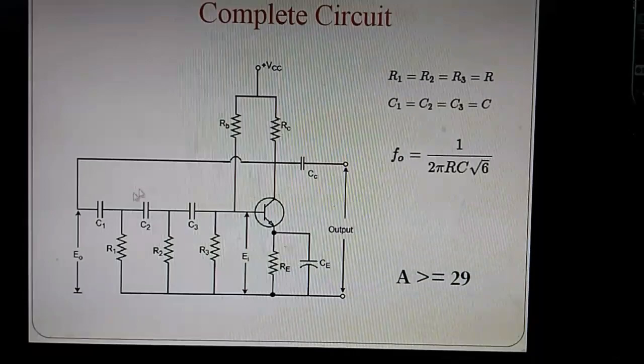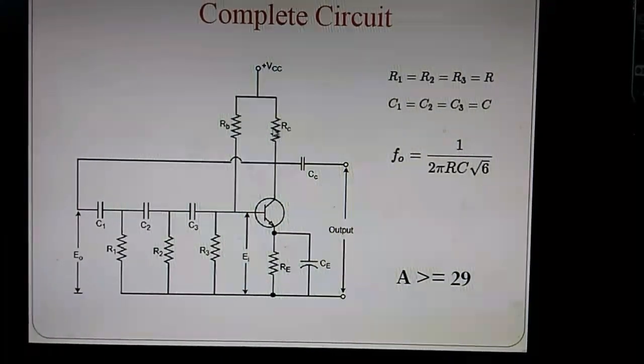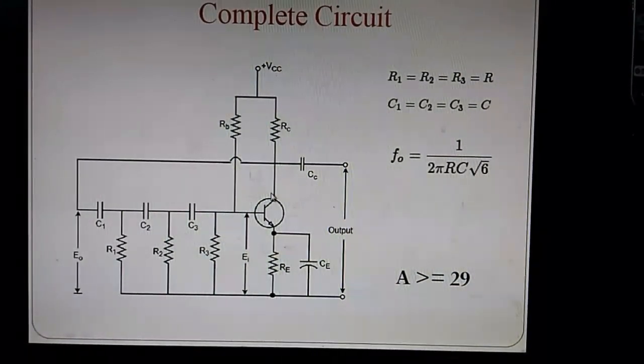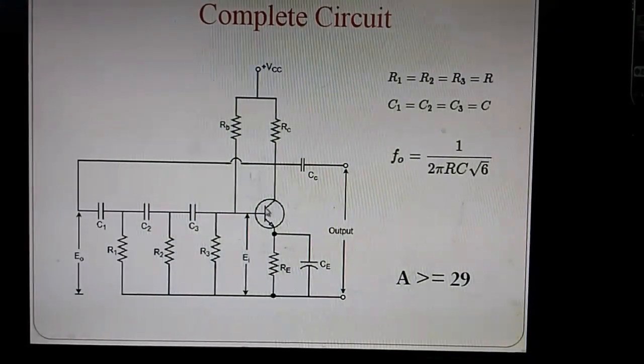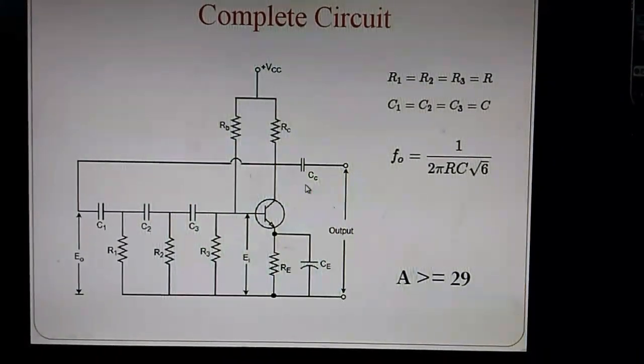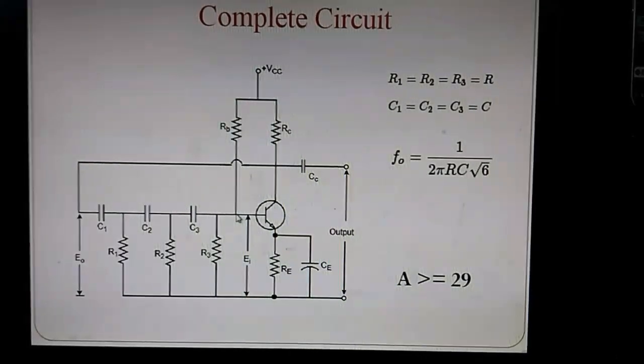Now how this circuit works: RB produces the biasing voltage for the transistor, along with RE. RE is also a feedback element, and the transistor amplifies whatever signal comes here.